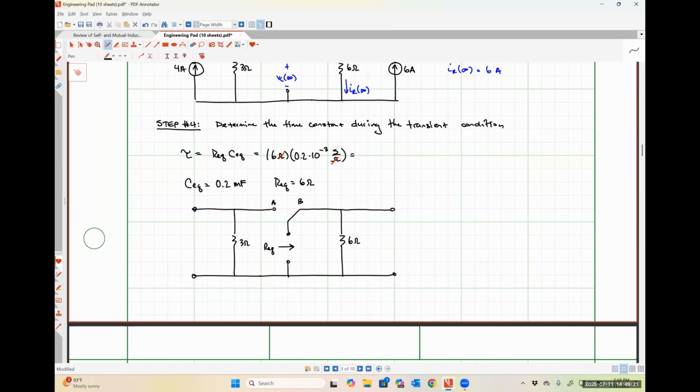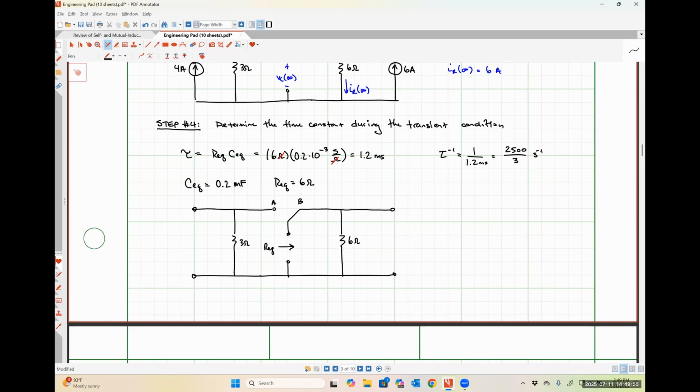So 6 times 0.2 times 10 to the minus 3 looks like 1.2 milliseconds. And for reasons that should be obvious in a moment, I'm going to find the reciprocal of tau. That's 1 over 1.2 milliseconds, which looks like 2500 over 3 per second.